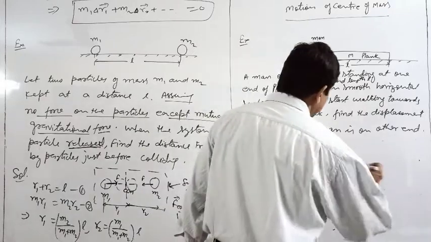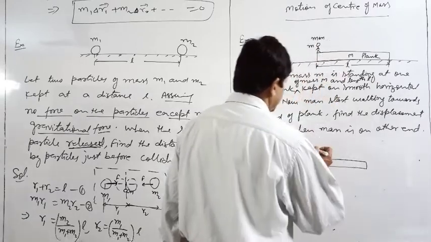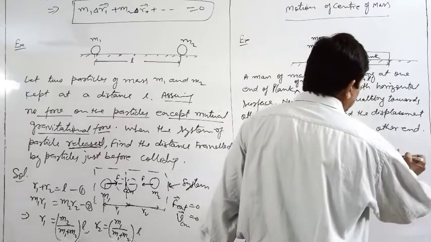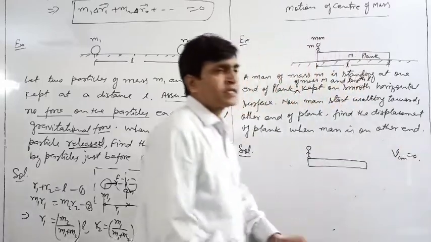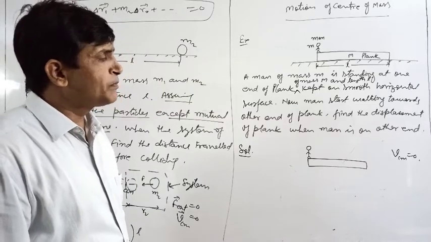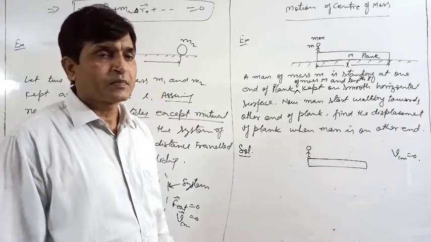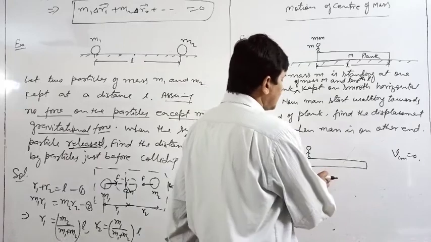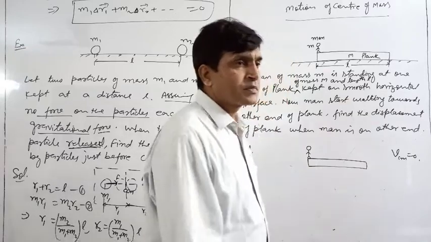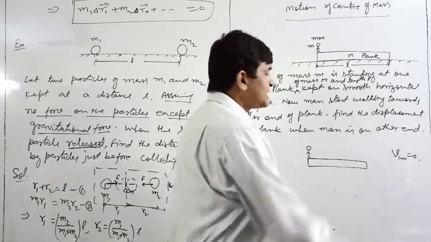First of all, the man and plank are both initially at rest. So the center of mass velocity is 0. Next, when we make the FBD of the system, because we have to check the external forces, we will have the gravitational force downward and the normal force upward. So the forces are only in the vertical direction.